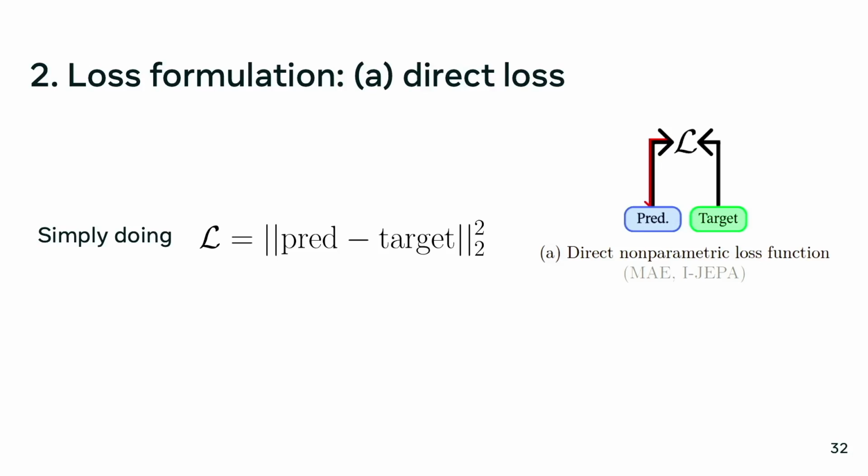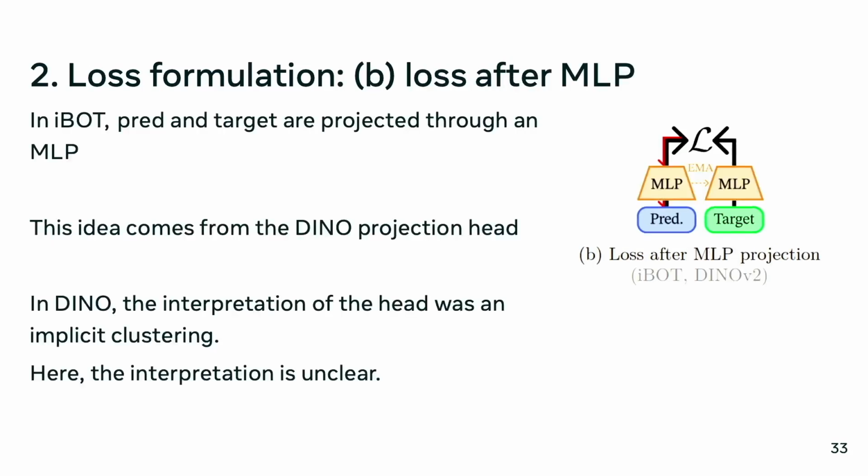So, second thing, how do you do the loss? Loss formulation, again, you might say, okay, why are you overthinking this? Just compare it with L2 distance, whatever, and gradient descent on that. Now, it works. It works. The reason I'm doing that is because there is this weird thing that exists in IBOT.